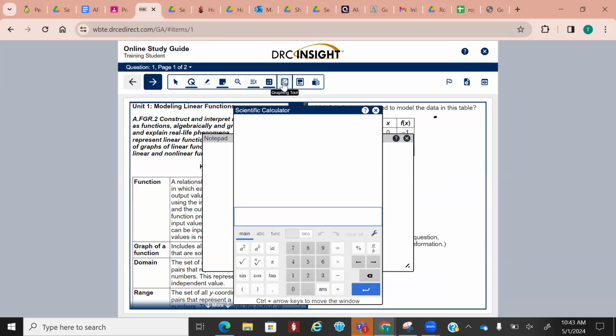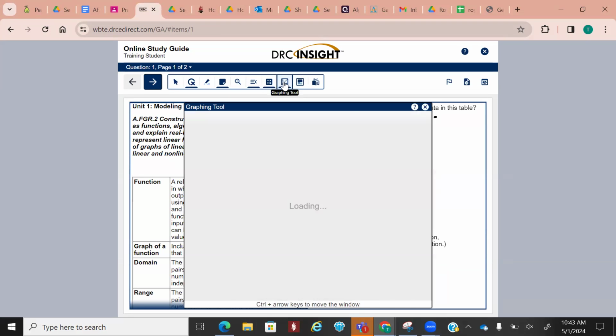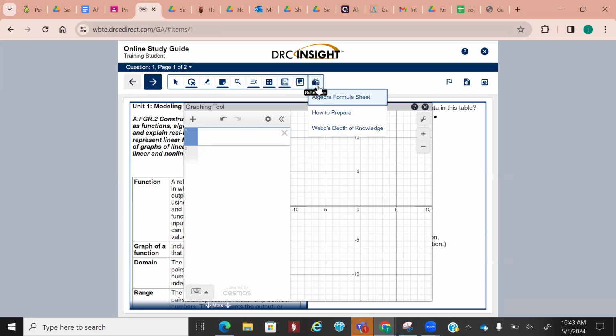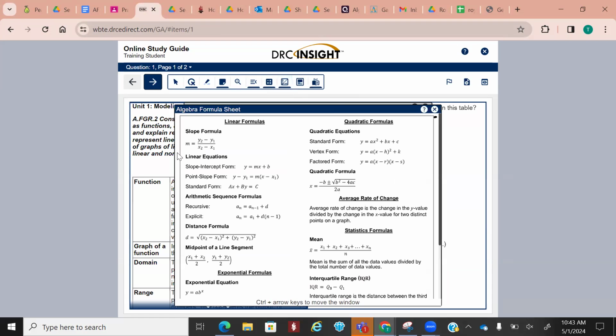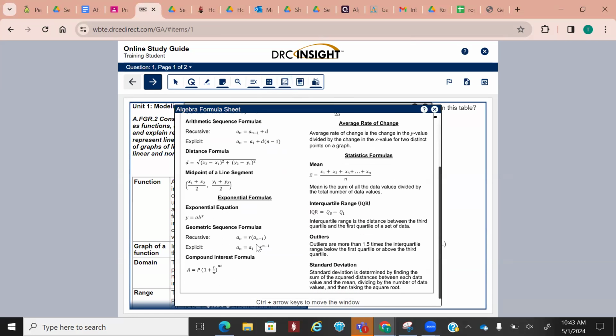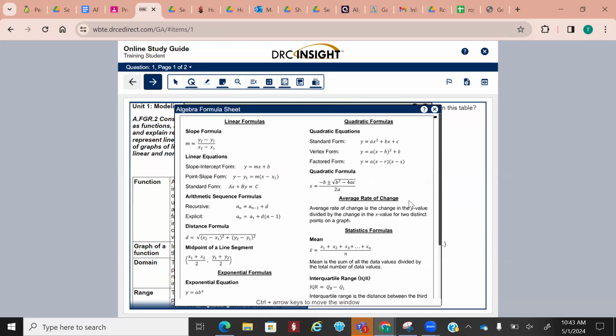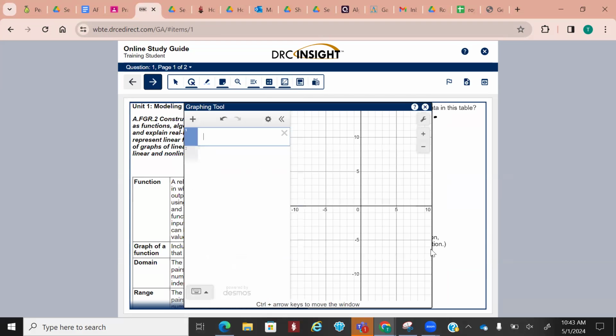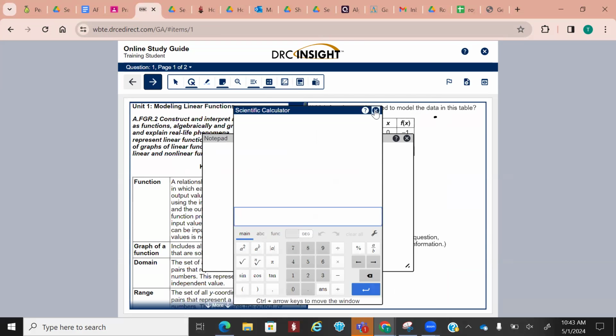There's a scientific calculator. There is a graphing tool. The graphing tool looks like Desmos, okay? And then you've got these last two. The references page has the Algebra 1 formula sheet. Okay, so these are the only formulas that you can get. If you ask me for a formula that is not on this formula sheet, I'm going to say, I don't know. Okay, questions on that? Okay, yes, ma'am.